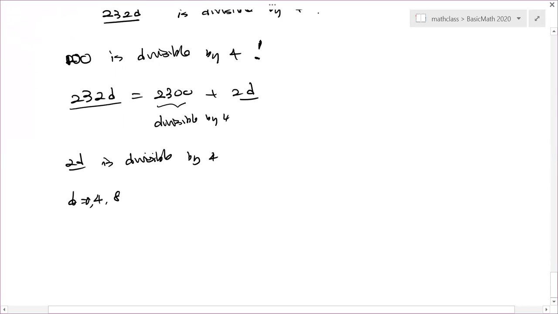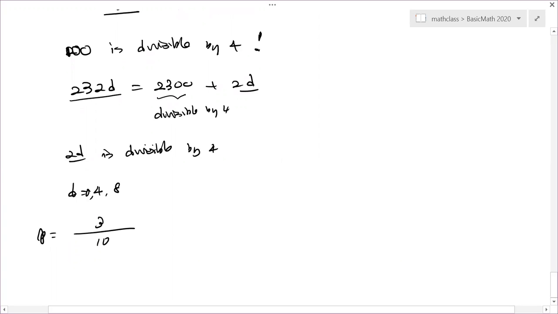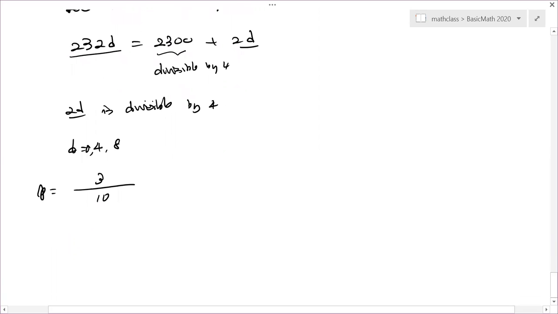So those are the possible digits for the value of D. So the probability: in total you have 10 choices for the denominator, and for the numerator there are 3 choices. So it's 3 over 10. That is the answer.